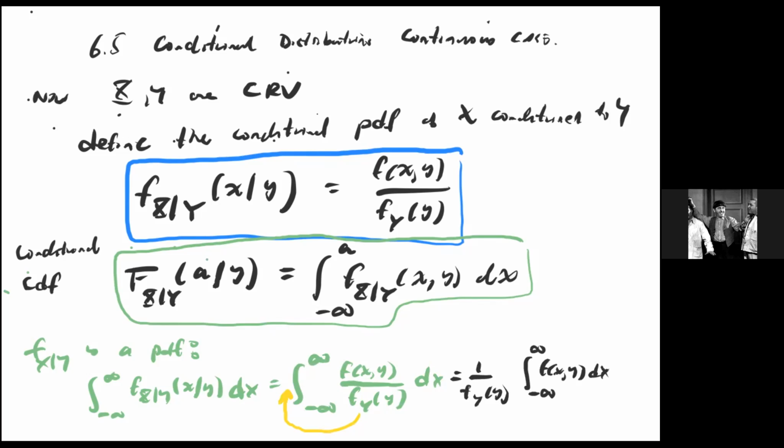But integrating the joint probability density function over the x variable gives you the marginal probability density function for the y variable. So this is going to be 1. So this checks out. This actually shows you we got a probability density function. Okay, cool.